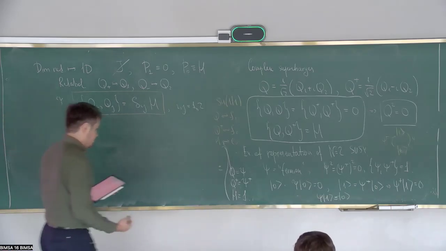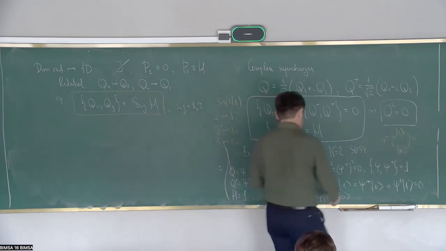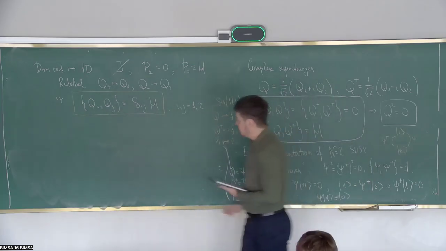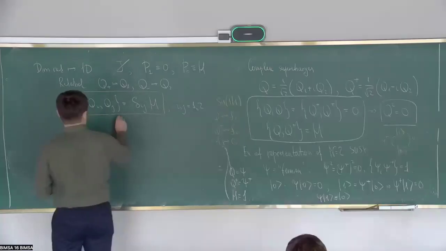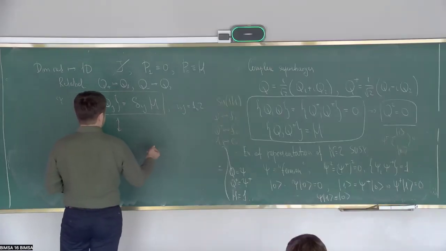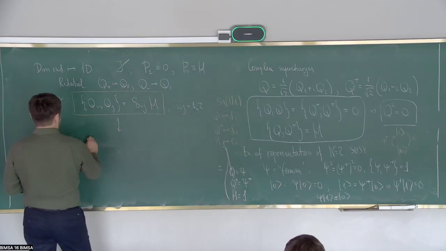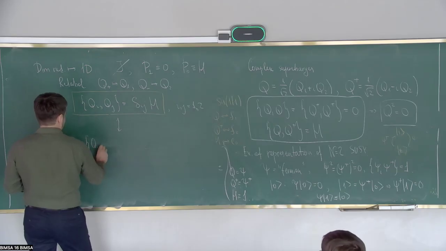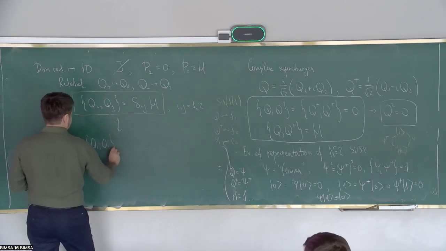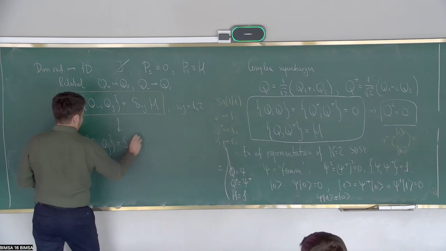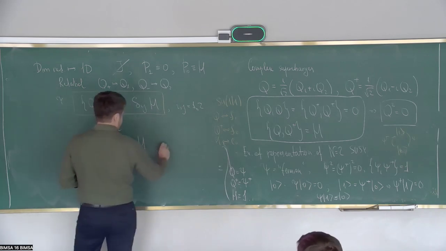Of course, you also want to generalize this notion of algebra to an arbitrary number of generators. You can just say that {Q_i, Q_j} = δ_ij H, with i and j running from 1 to n.